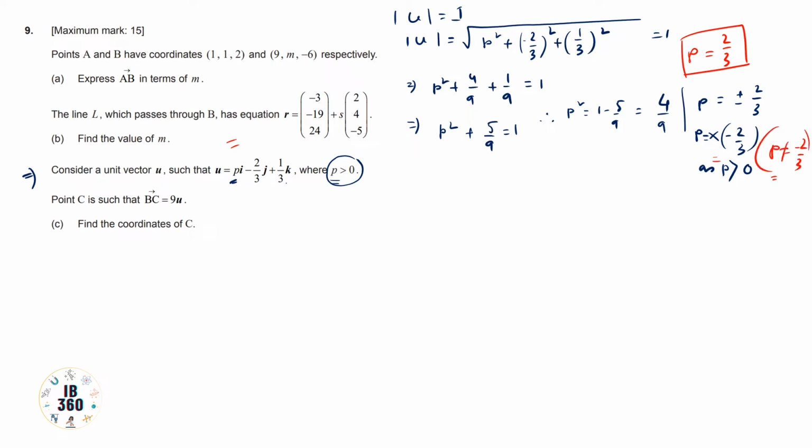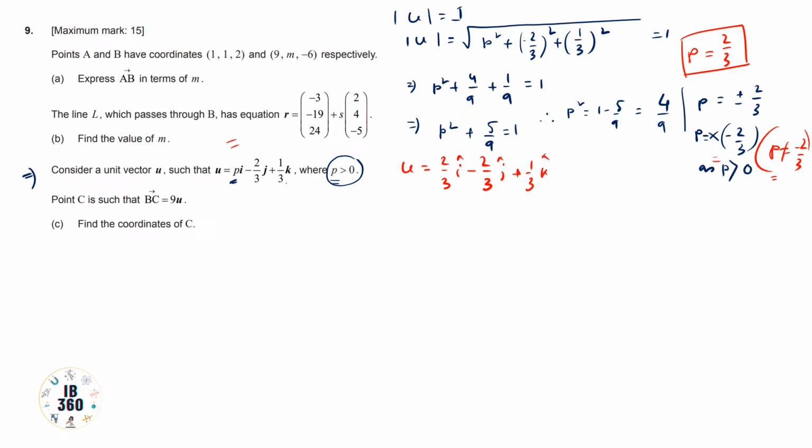I have explained this fact also. So p is equal to 2 by 3. Now you can write this equation in a better way: u equals 2 by 3i minus 2 by 3j plus 1 by 3k.